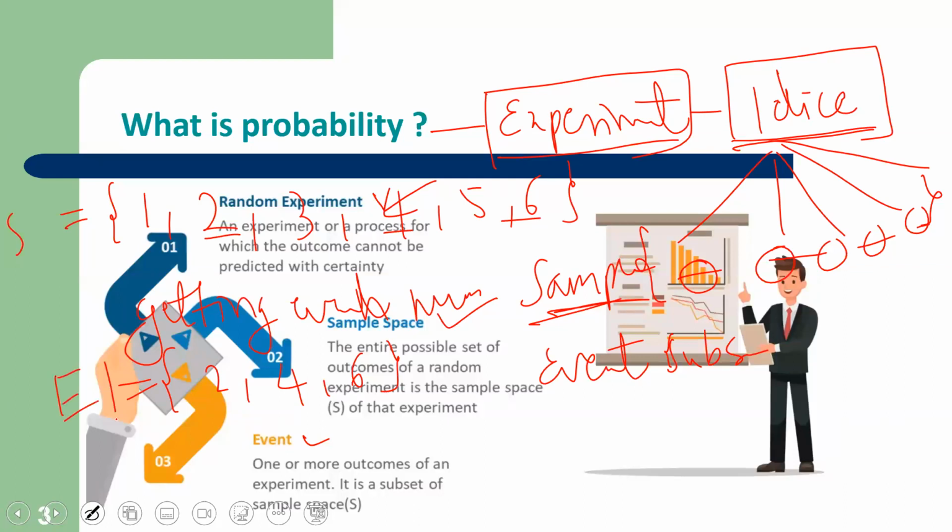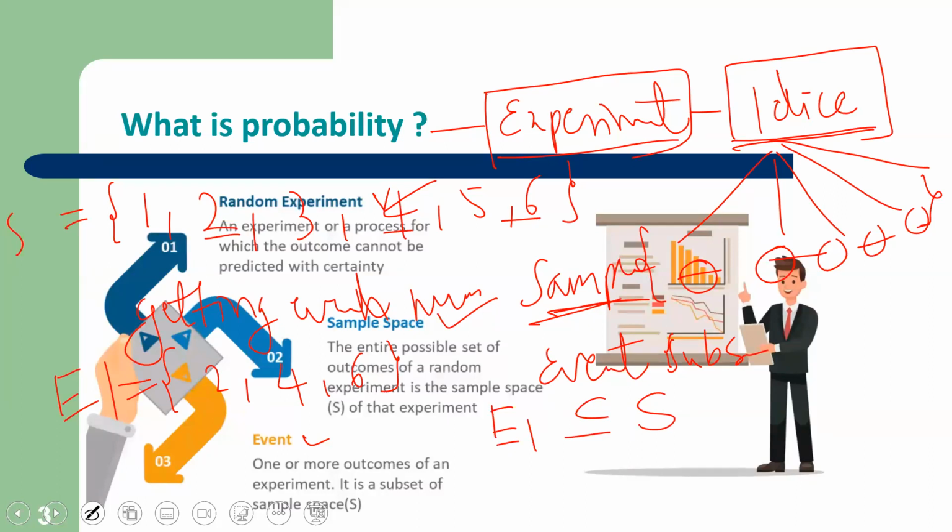You can call it an event. So the event is a subset of the sample space. Similarly, I can define any number of events for the sample space. For example, getting 1 is my event, or getting a number divisible by 3, or something like that.